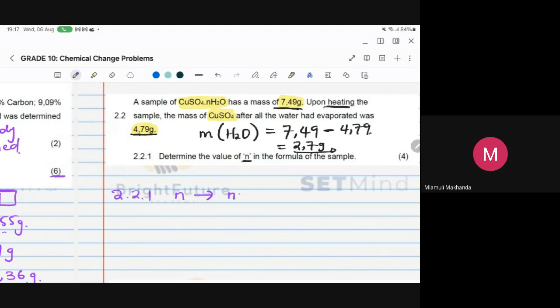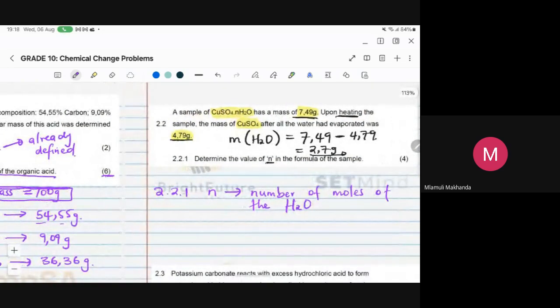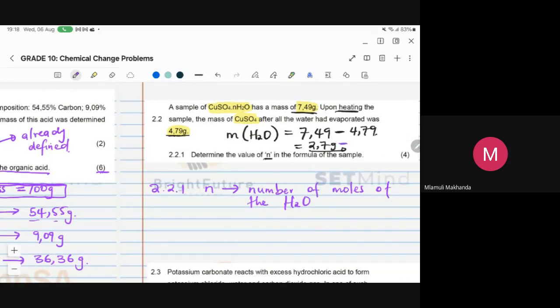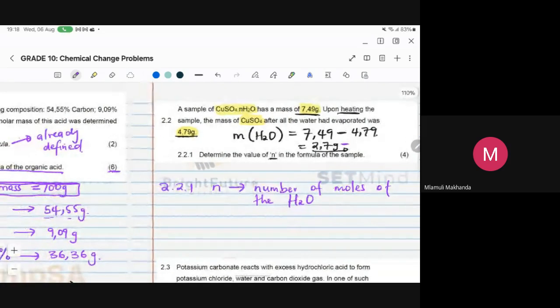N is just the number of moles of these water particles that were in the copper sulfate crystal structure. Right, so if we liberate 2.79 grams of water, what's the number of moles that we actually got rid of?